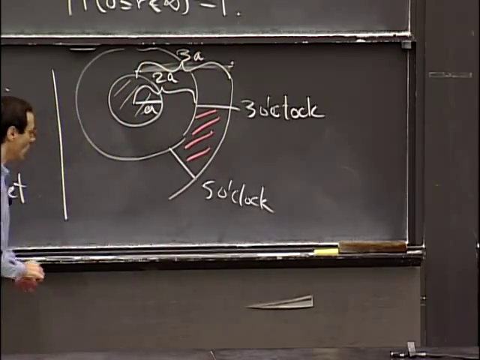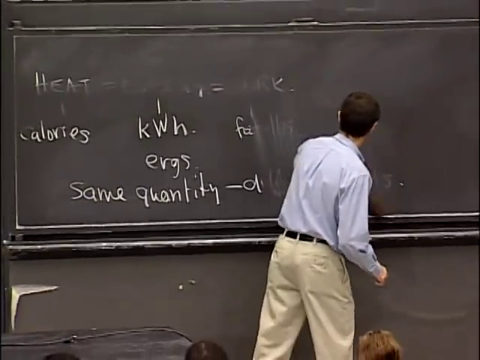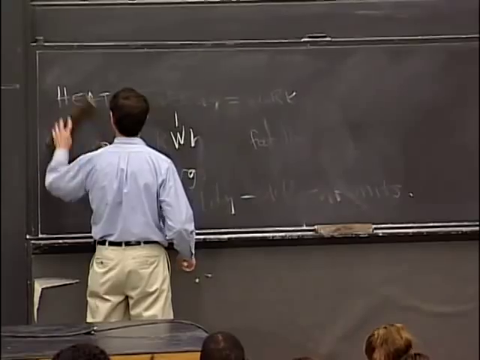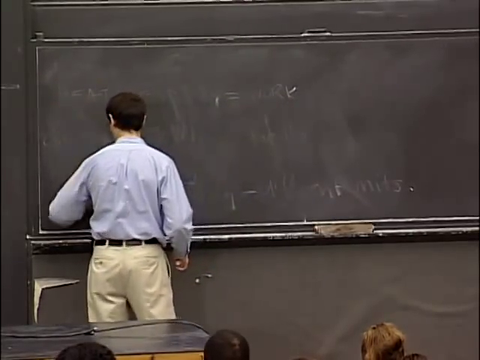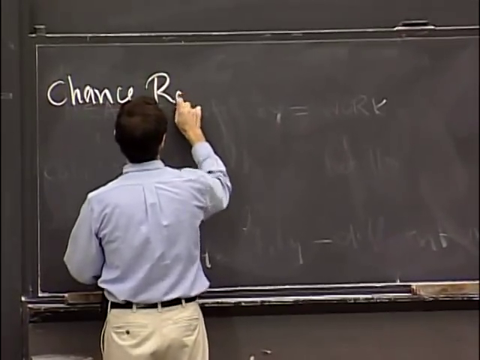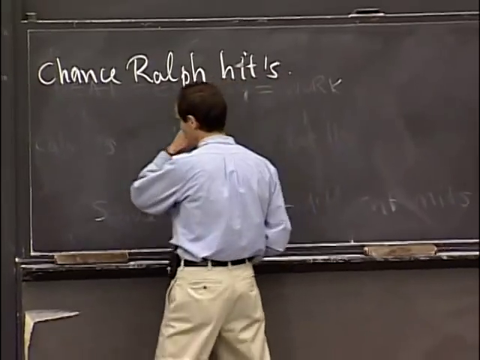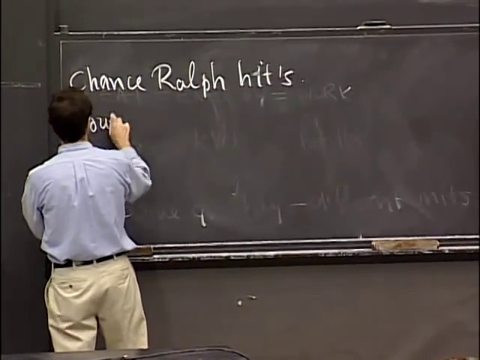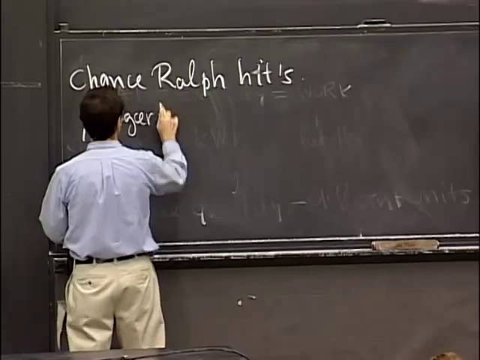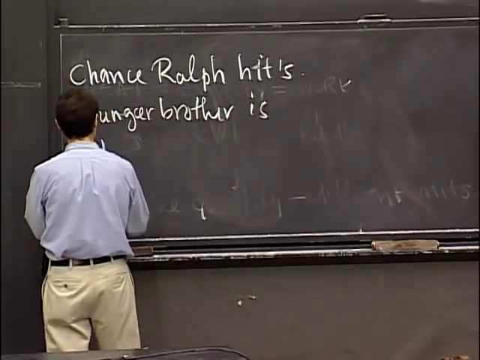So in other words, what I'm saying is that the probability, if you're standing too close, the chance Ralph hits the younger brother is about a sixth, right?